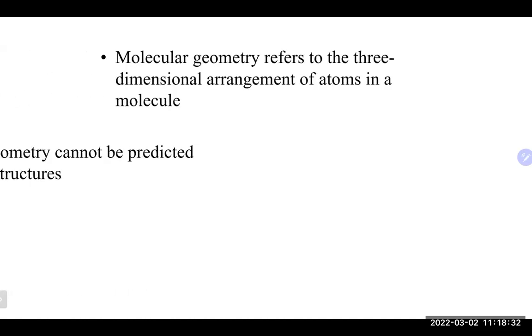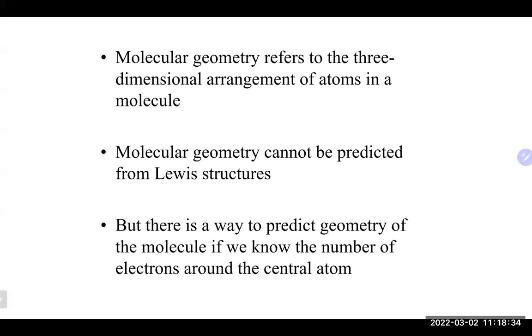The good news here about geometry is that it's not angles and stuff. Oh, I guess it is sort of. Molecular geometry refers to the three-dimensional arrangement of all of our atoms in space. We can predict the molecular geometry based on the central atom, how many electron pairs there are around the central atom, and how many bonds there are around it.